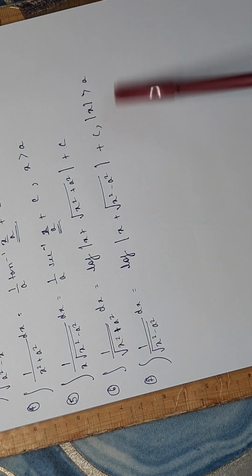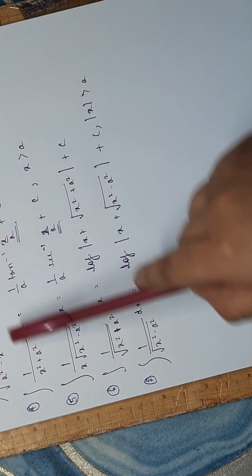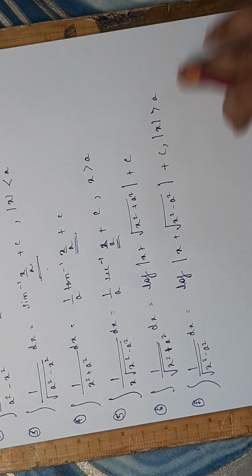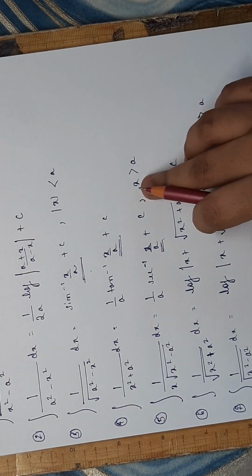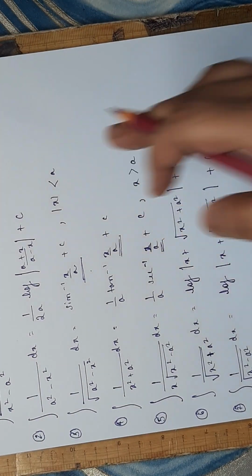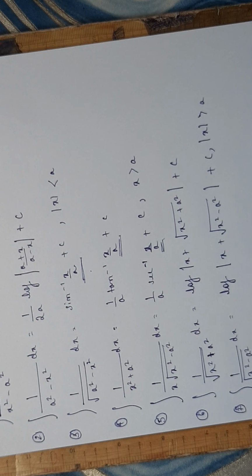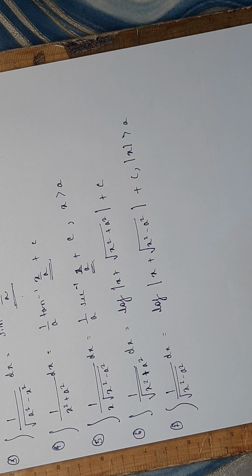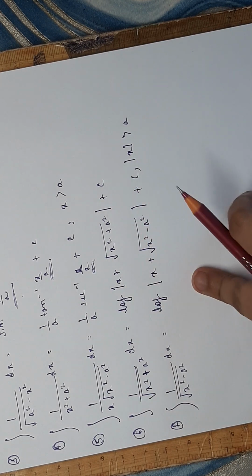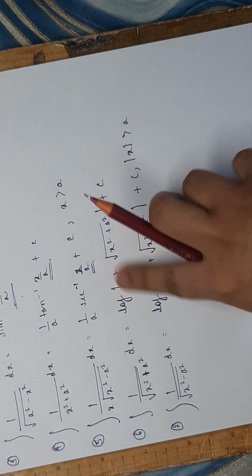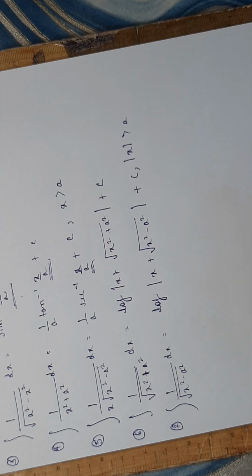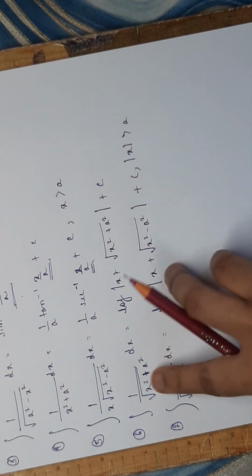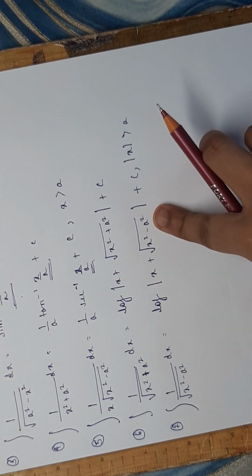You will be getting these kinds of conditions only when you see that there is a negative sign. Also, the last two formulas you can very clearly see are highly relatable, because both have logs in them, and mod x plus is present in both of them. In the root over, you have the denominator directly.